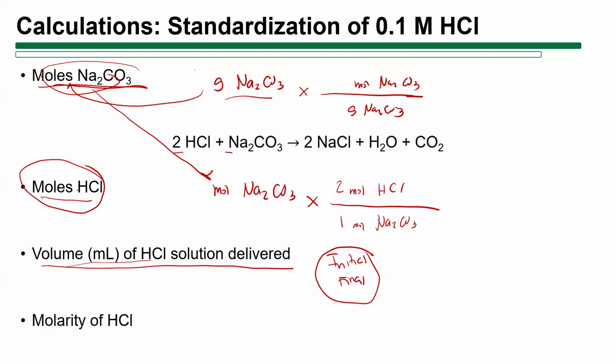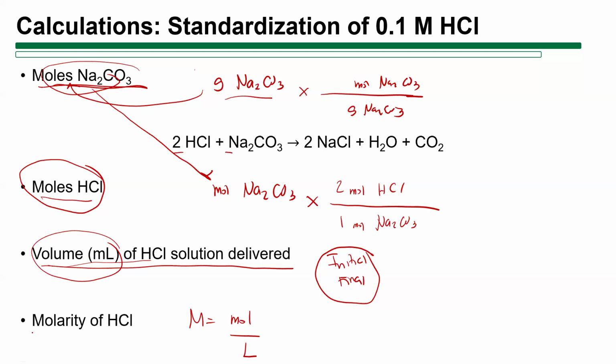Once you have the moles and the volume, you can calculate the molarity, because molarity is moles per liter. Just be careful because the volume that you get here is in mL, and the volume must be in liters. So that's how you calculate the molarity of your HCl.